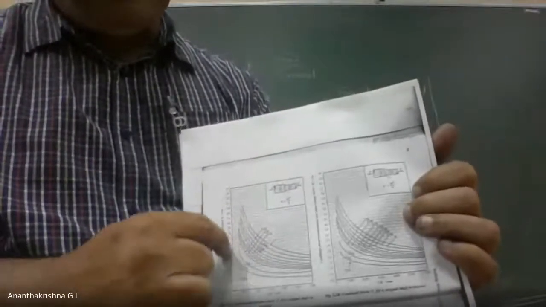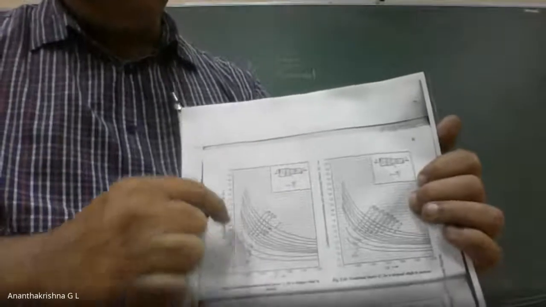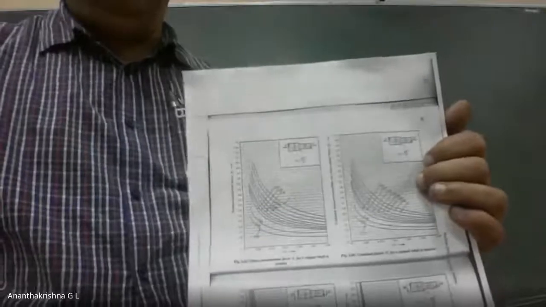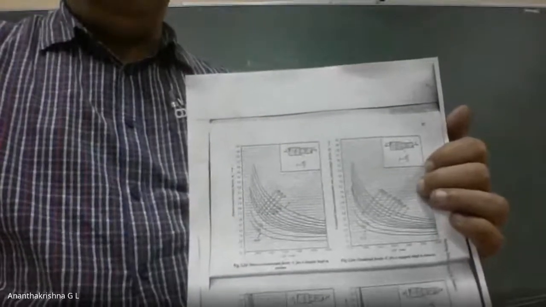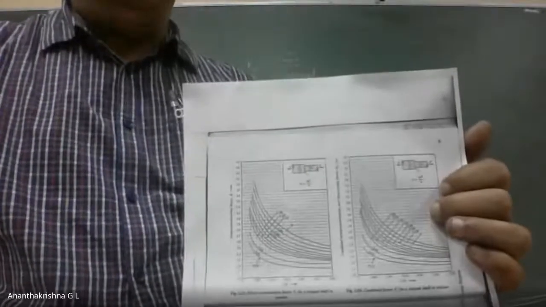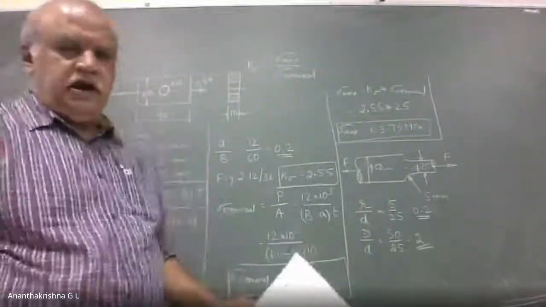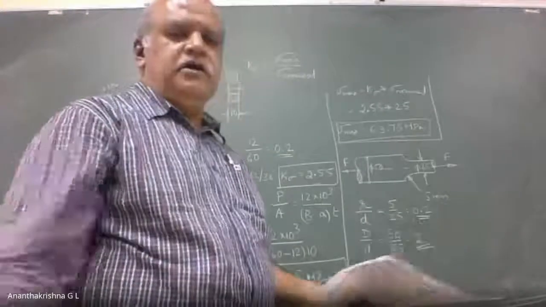You are going to get the value of K sigma for a stepped shaft in tension. Can someone give me the value of K sigma? 1.65, or 1.64 or 1.65.